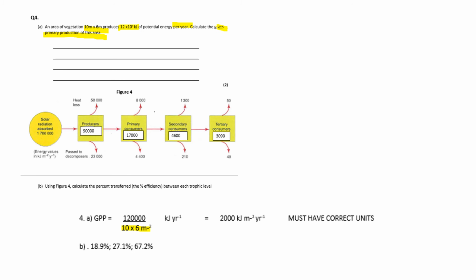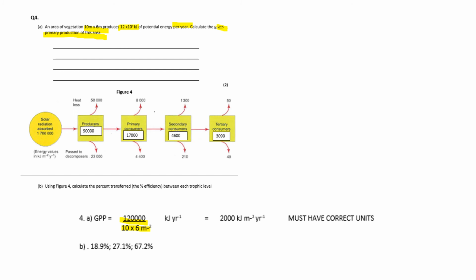So that's 120,000 down here. Okay, so if we convert that into normal numbers again, out of standard form, that would be your figure here of 120,000. So that's 120,000 kilojoules per year that are produced by that area.